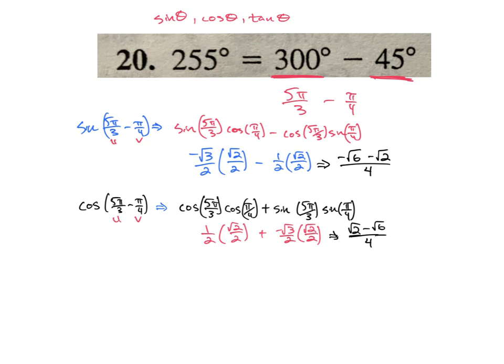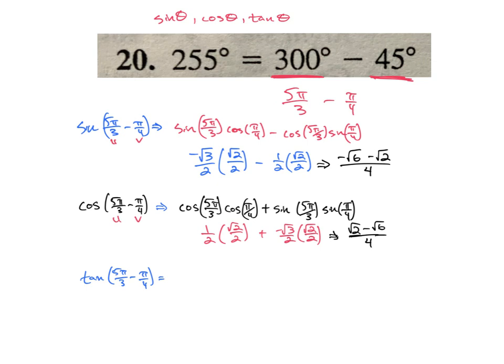All right. Now, tangent, I differ. I differ on tangent for CalcChat, and I don't think you need to do that much work, honestly. So tangent of 5 pi over 3 minus pi over 4. I don't actually use the reference sheet. I don't think it's useful. I really don't. How would I do it? Just put sine over cosine. But what happens here?